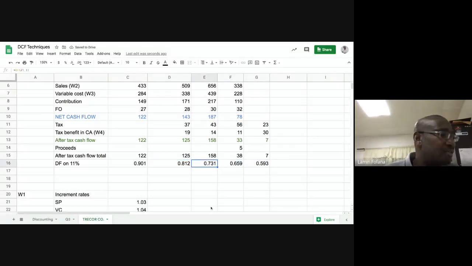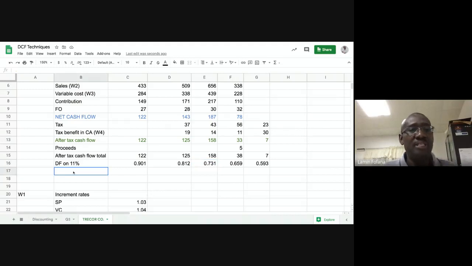So you'll have 0.901, 0.812, 0.731, 0.659, 0.593. Okay, then we have our present values.